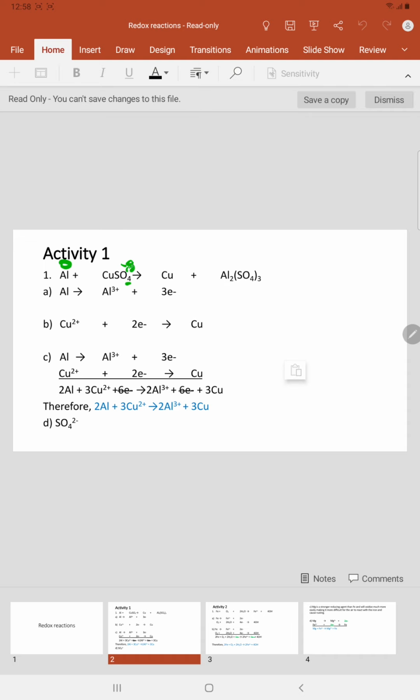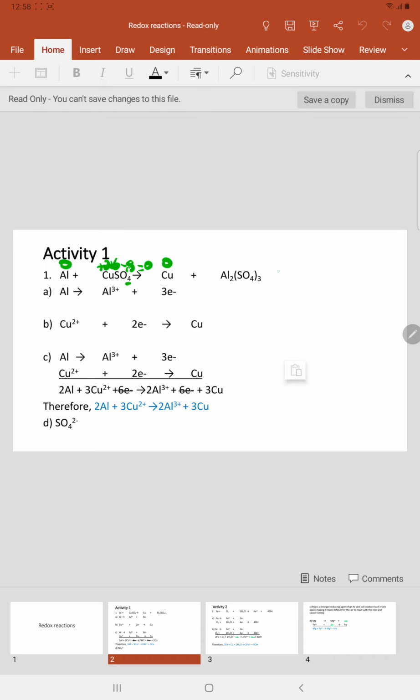We also know that sulfur is found in group 6, so the charge is +6. And this has to equal 0, so copper's charge will be +2. Copper on the product side has an oxidation number of 0.